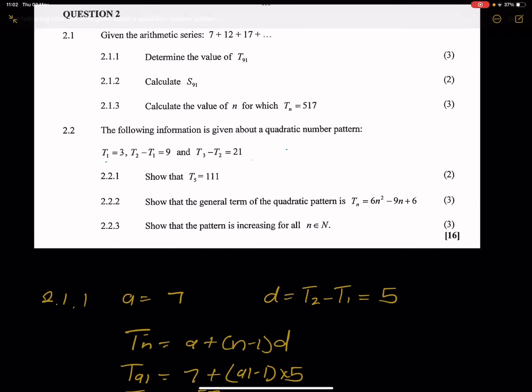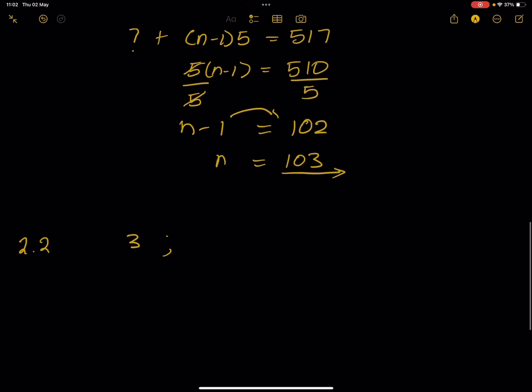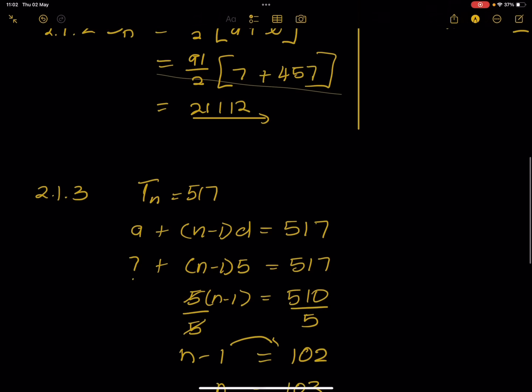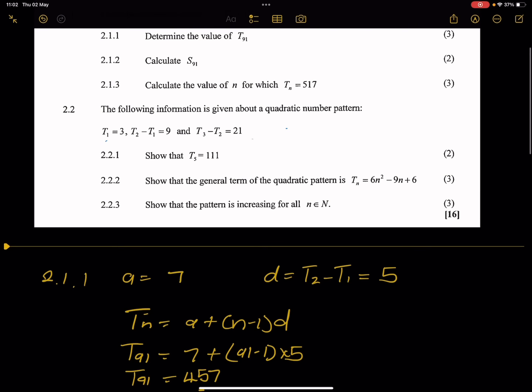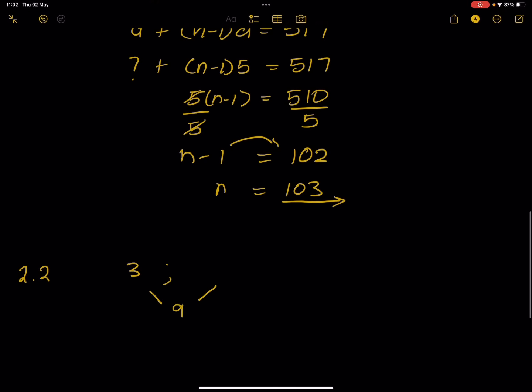Let me write it down at the bottom there. So that's 2.2. They say the first term is 3, but now they give us the first difference: term 2 minus term 1 is 9. So this is the first difference, equal to 9.